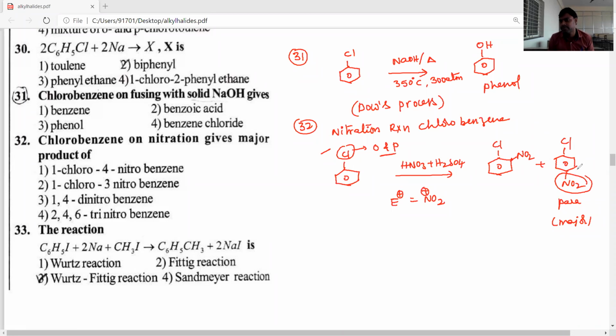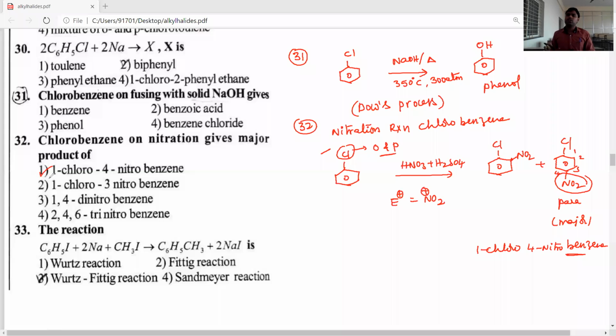C comes first when compared to N. That's why it is 1, 2, 3, and 4. So while writing its name, 1-chloro-4-nitrobenzene is the major product. Okay, so the first option is correct.